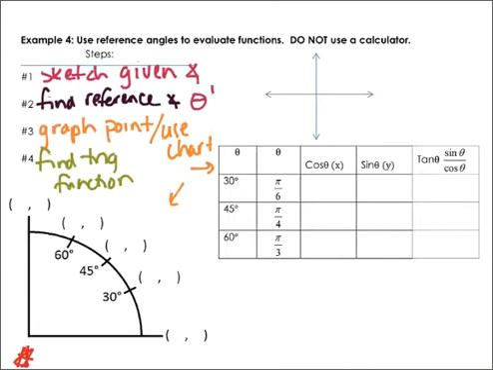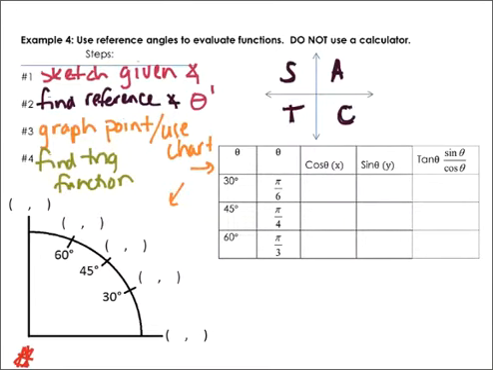Alright, now, a couple things I want to point out. You're going to learn a lot in pre-calculus, but one thing that you might see is this ASTC. When I learned it, I learned all students take calculus. Some call it ACTS.